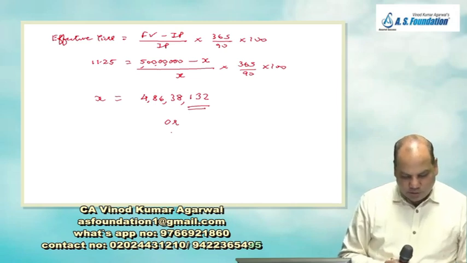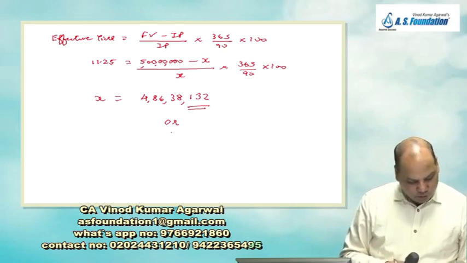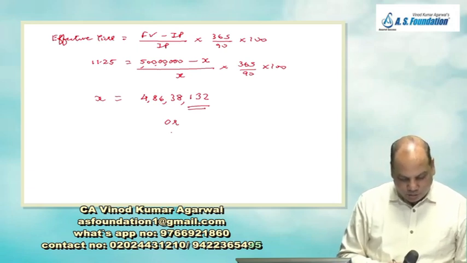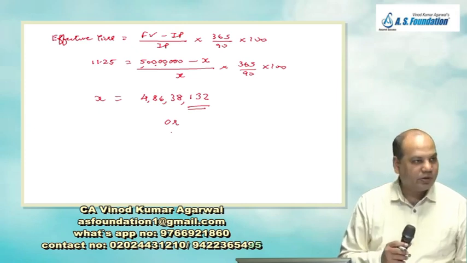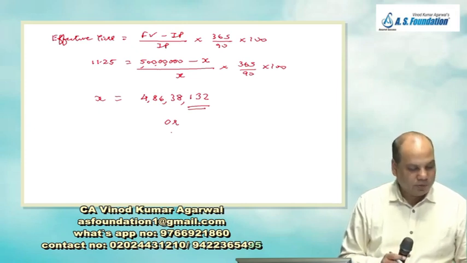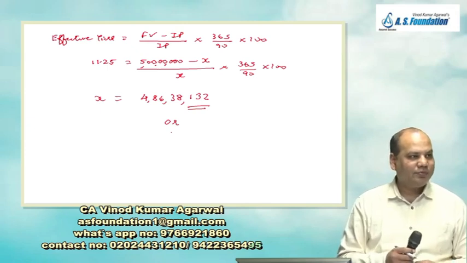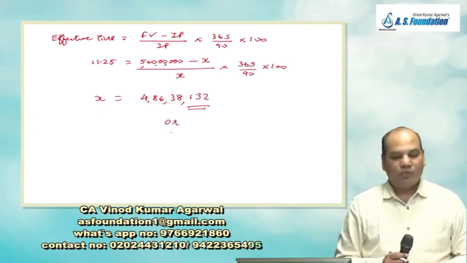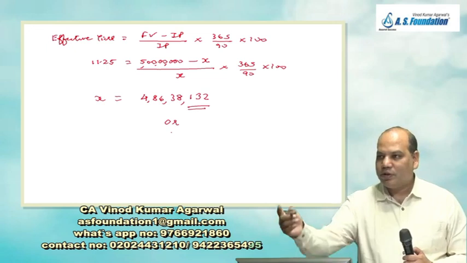Nothing is given, you take 365. If you see some of the suggested answers given below, in all 5 suggested answers, I think they have taken 365 below. Yes or no? Take 365. Now wait, what is your answer?